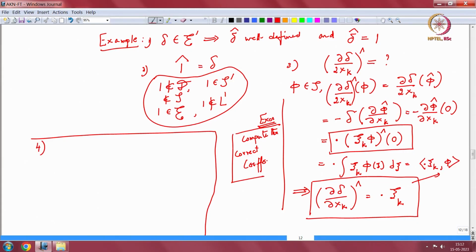Okay, another example, the fourth, is a bit hard example to work out. If you want, because there is a multiple choice of values and how to choose them, you can look at this very nice book on distributions by Strichartz. It motivates you nicely, but it is written mainly from the point of view of a harmonic analyst, so everything is written in a Fourier analysis point of view.